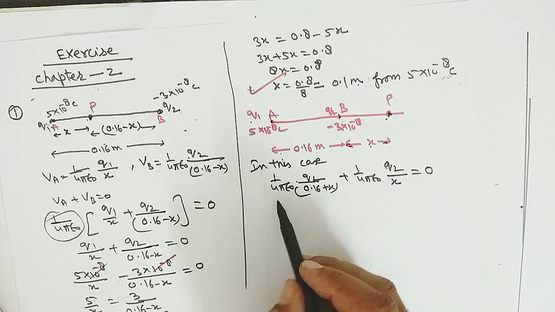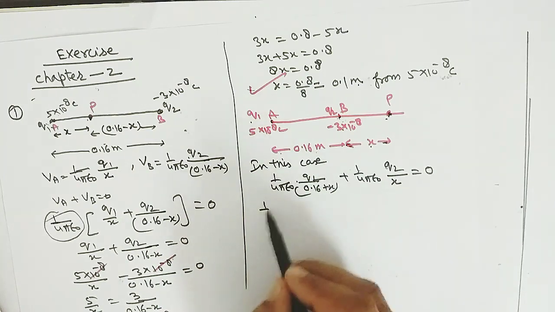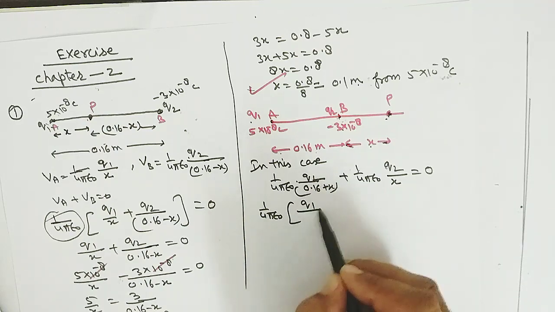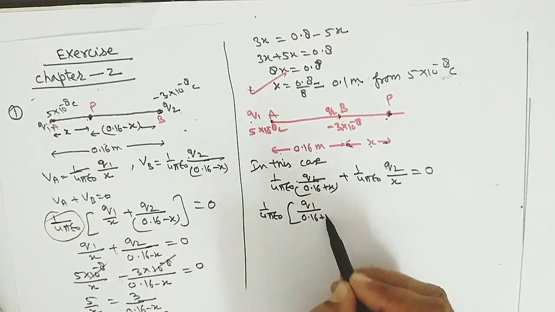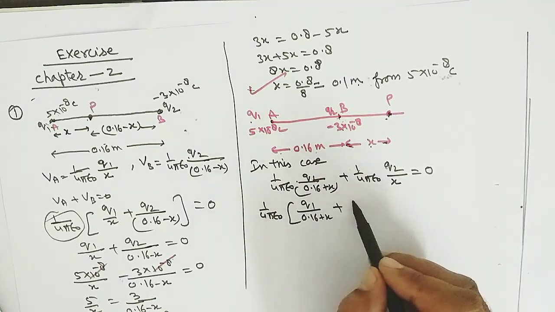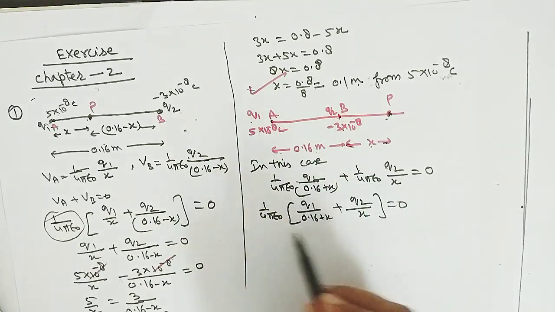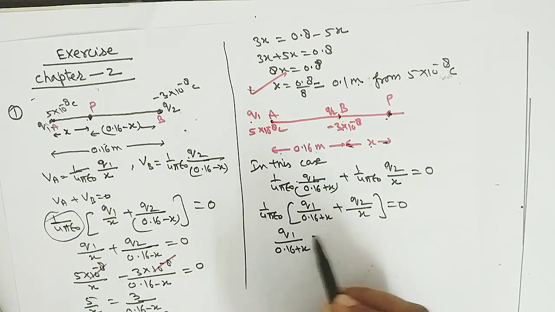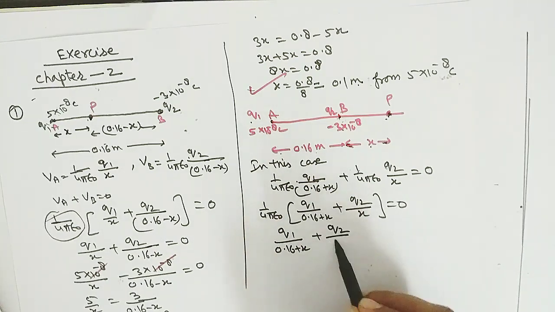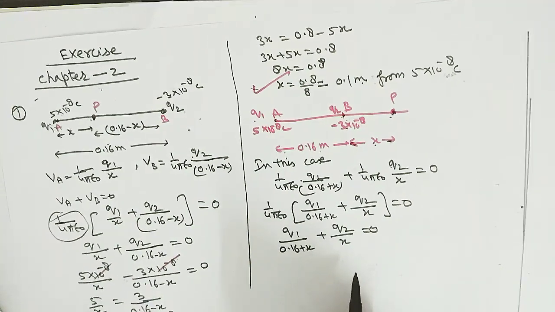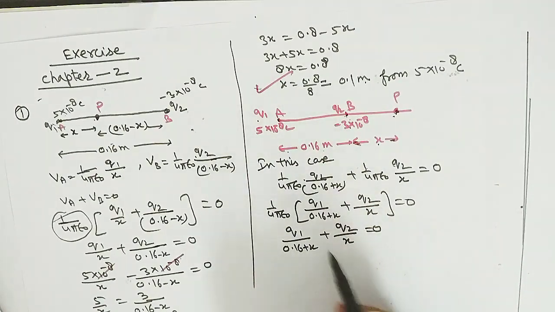So again take the common 1 upon 4 pi epsilon naught, Q1 upon 0.16 plus x plus Q2 upon x is equal to 0. Now put the values of both.